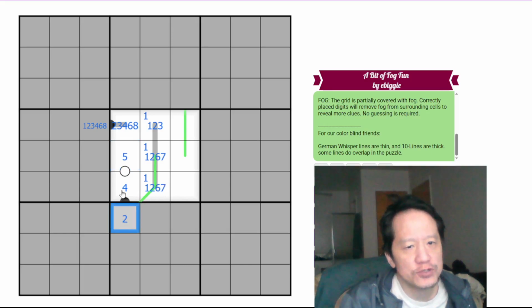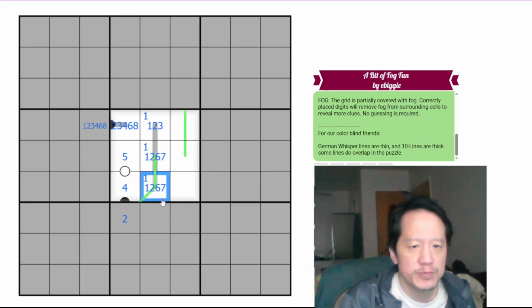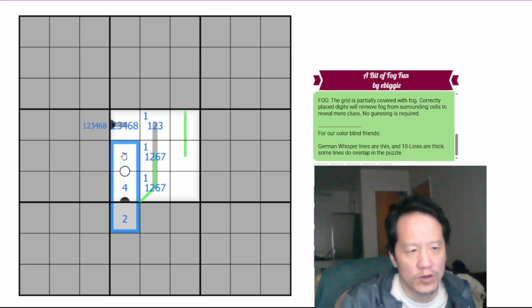So if this is 2 and 4, this would have to be 5 because we would have this being a 7 because it's next to 2 on the German whisper line, and it must add up to 10 with 2 other digits, which would be 1 and 2. So 1 and 2 would be here, this would be 7, this would be 4. We need another low here, and it would have to be 3. So 3 could not be here. Okay, so if it's 2, 4, 5, that works.